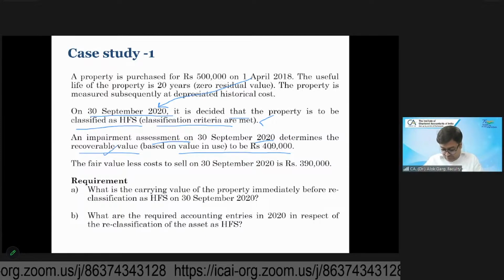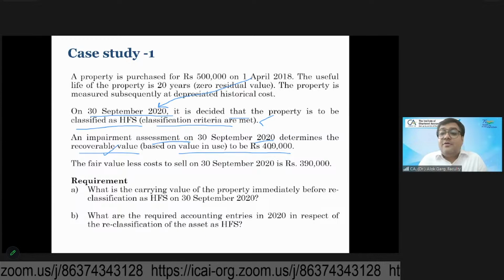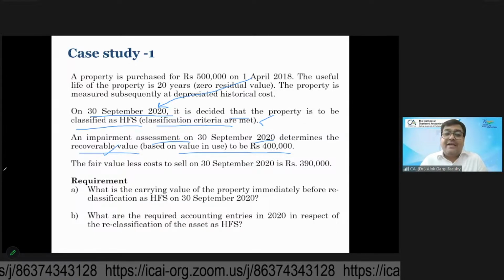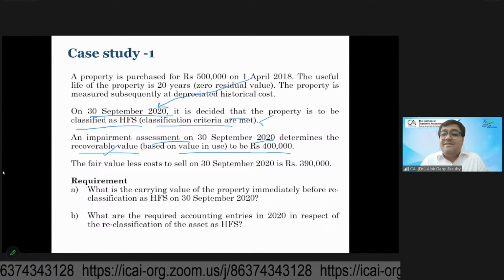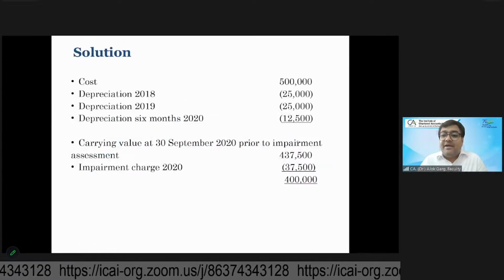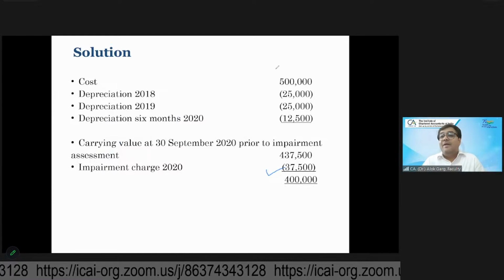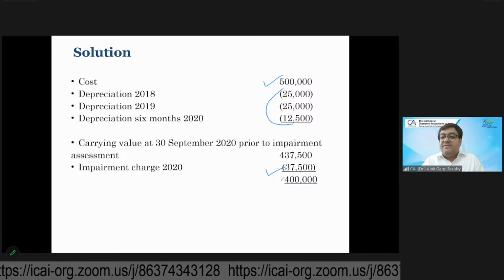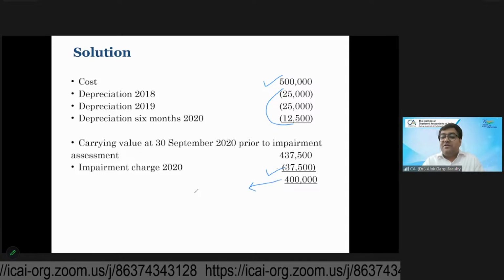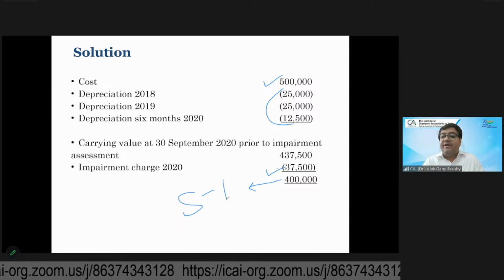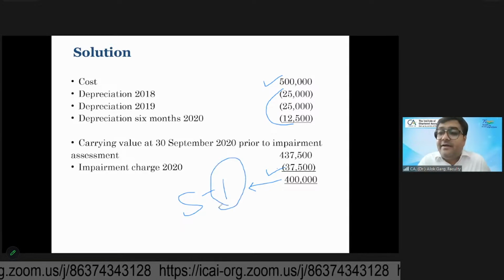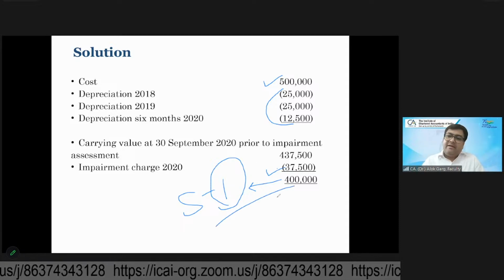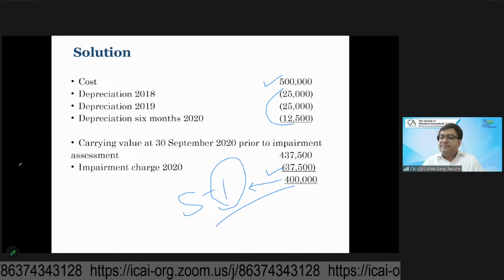Cost minus accumulated depreciation is 4,37,500, so there is an impairment loss of 37,500. This is my cost, this is my accumulated depreciation, this is my impairment, and this will be my carrying value as per step number 1: compute carrying value as per respective standard immediately before classification as held for sale. Are you guys clear on this?